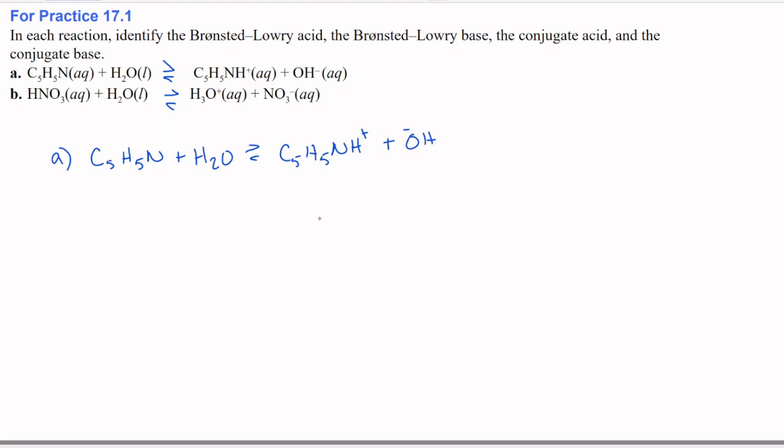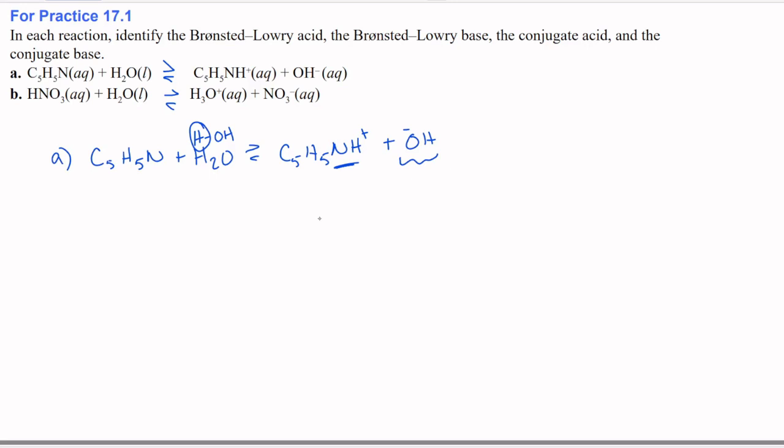Notice that we have hydroxide over here on the right, so the water lost one of those hydrogens. If we redraw water as HOH, we can see that we can pull one of these hydrogens off, and so one of the hydrogens from the water was donated to the nitrogen of the pyridine. Now you don't need to be able to recognize pyridine itself if you're in my class.